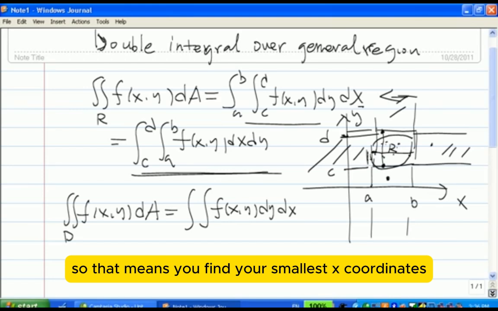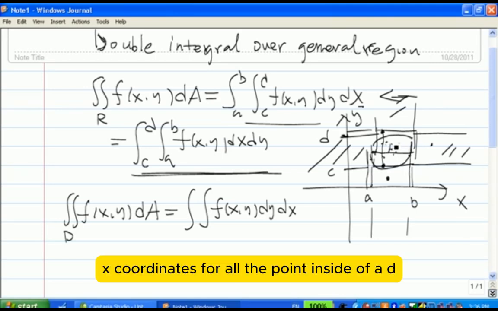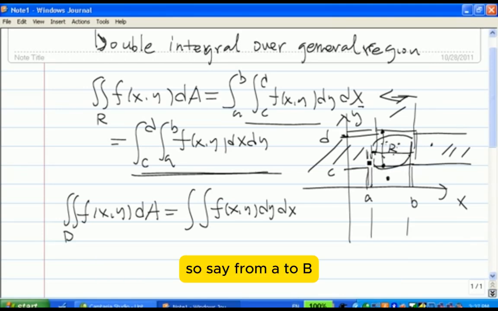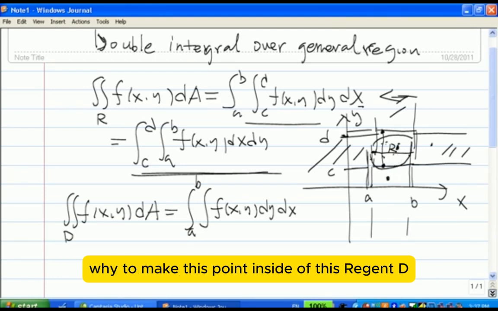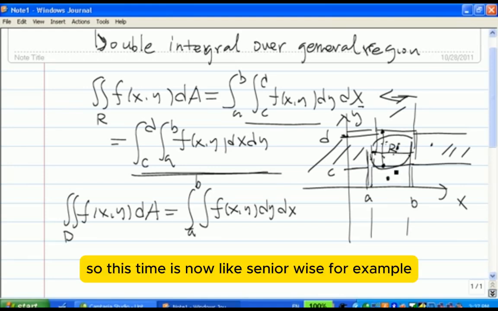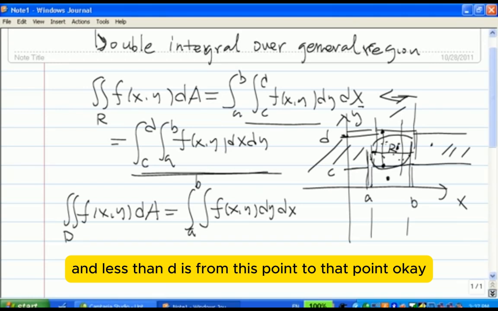That means you find the smallest and largest x coordinates for all the points inside D, say from a to b. Then you go back and see what the restriction for y is to make a point inside region D. It's not always bigger than c and less than d; it's from this point to that point.